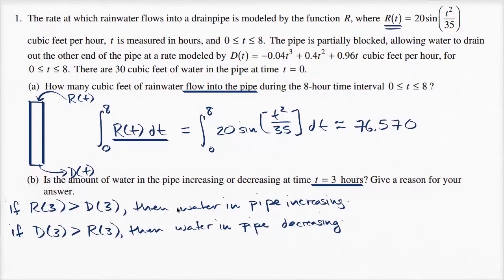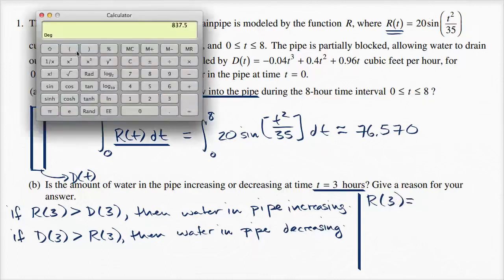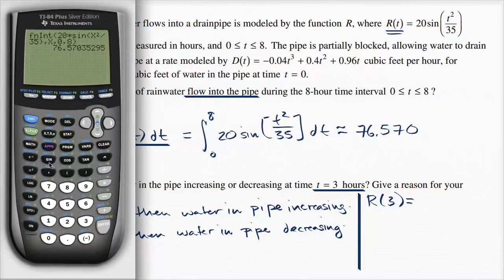So we just have to evaluate these functions at 3. Let me make a little line here. So r of 3 is equal to, let me get my calculator out. I'm assuming that things are in radians here, so I already put my calculator in radian mode.